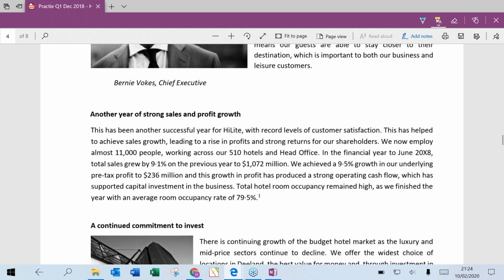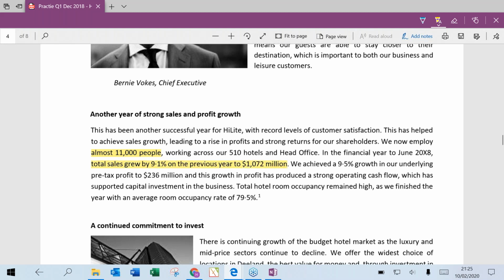We now employ almost 11,000 people working across 510 hotels and head office. 11,000 people, my God. In the financial year, total sales grew by 9.1% on the previous year to 1072 million.